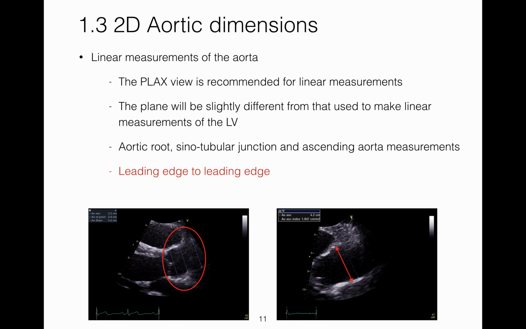2D aortic dimensions. Like measurements of the LVOT, linear measurements of the ascending aorta are made from the parasternal long axis view, and the plane will be the same as for the LVOT measurements. That is, you need to observe the long axis of the ascending aorta. Unlike LVOT measurements, which require an inner edge to inner edge technique, linear measurements of the aortic root, sinotubular junction, and ascending aorta require a leading edge to leading edge technique.